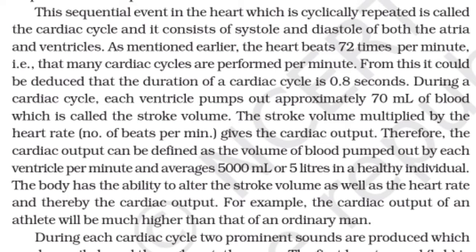As mentioned earlier, the heart beats 72 times per minute, so that many cardiac cycles are performed per minute. From this, it could be deduced that the duration of a cardiac cycle is 0.8 seconds. During a cardiac cycle, each ventricle pumps out approximately 70 ml of blood, which is called the stroke volume. The stroke volume multiplied by the heart rate (number of beats per minute) gives the cardiac output.